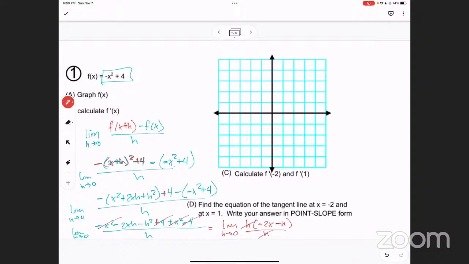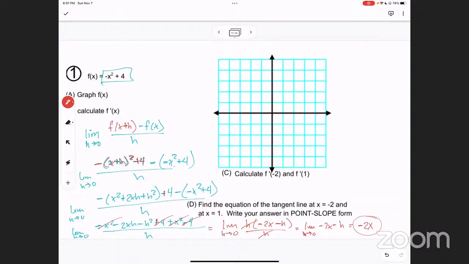So now the h's cancel out, and I just get the limit as h goes to 0 of negative 2x minus h, which just equals negative 2x. So that's the solution. You just substitute the 0 back into the h. So negative 2x, because now you can. At that point, you can substitute it back in.